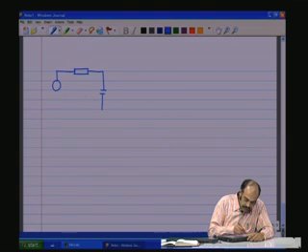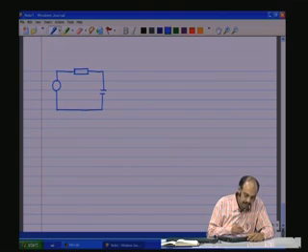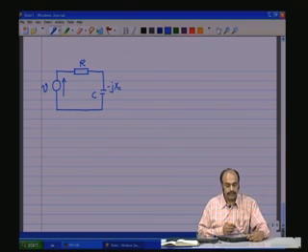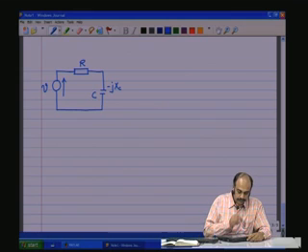So, we have the R and C as usual, as it looks here. You have the R, you have the C, you have the input voltage, and minus J X C is the impedance that this capacitance provides.